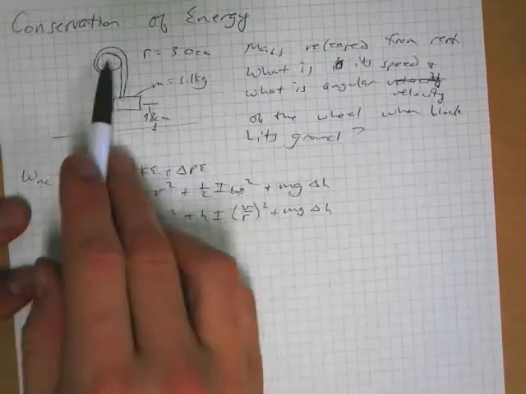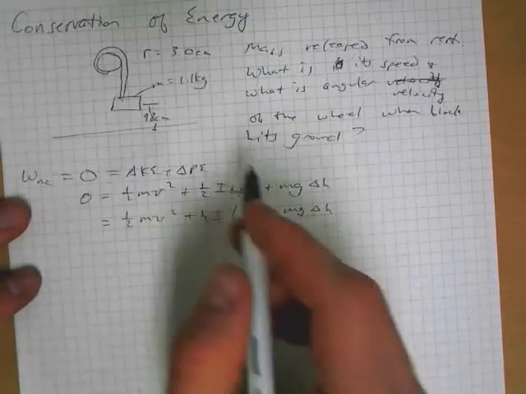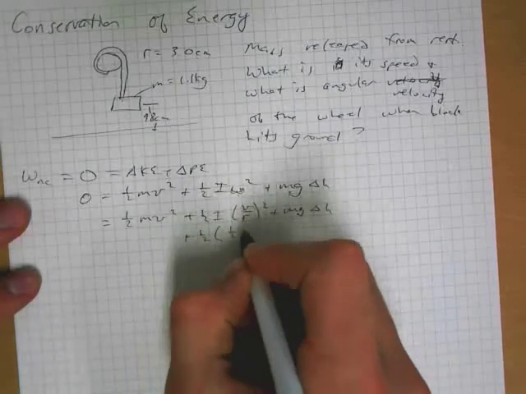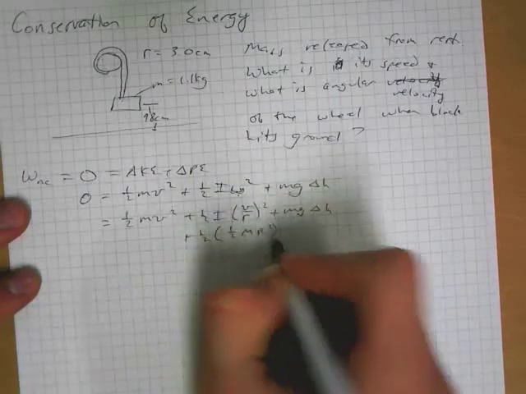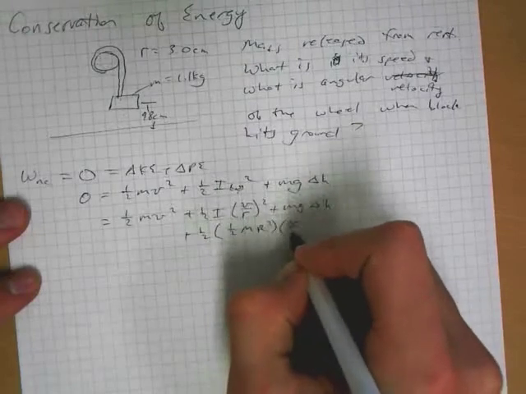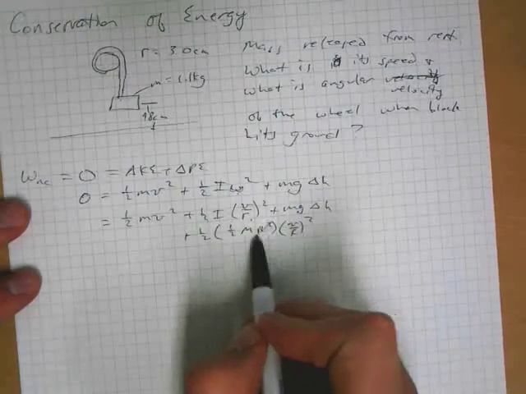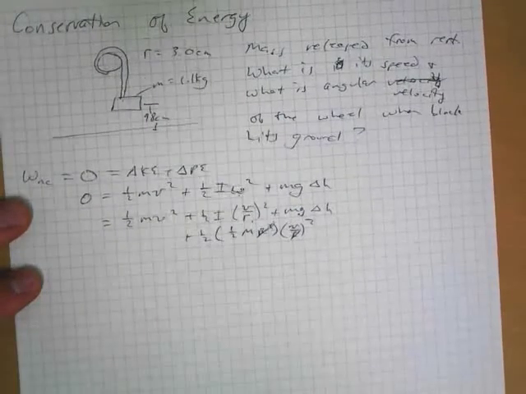This, I said, is a disk, and if you consult your chart, a disk has moment of inertia of 1/2 mr squared.